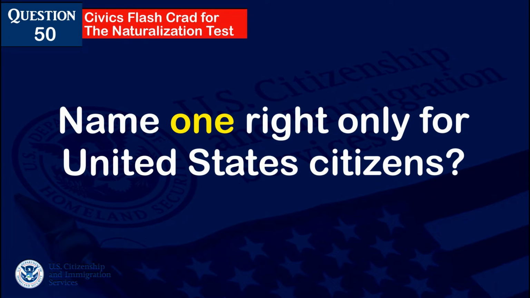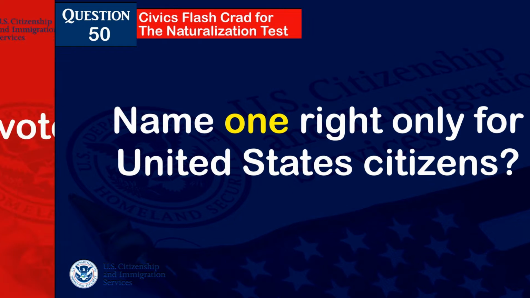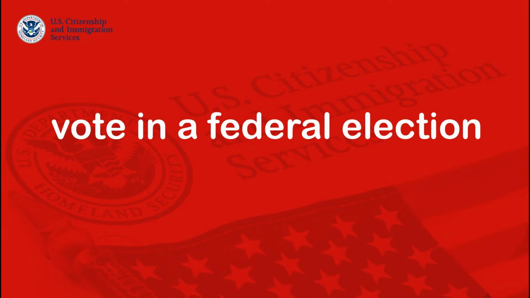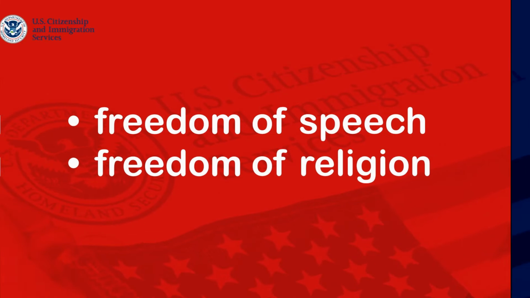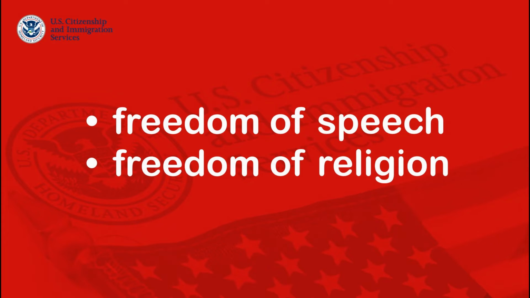Name one right only for United States citizens. Vote in a federal election. What are 2 rights of everyone living in the United States? Freedom of speech. Freedom of religion.